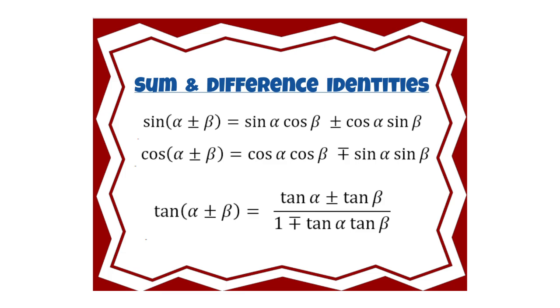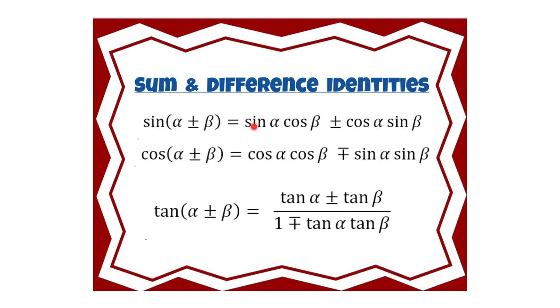Instead, we are going to use these new identities. We have some identities that are actually valid. They're called the sum and difference identities. It works for sine, cosine, and tangent. So if you're taking the sine of two angles that are added or possibly subtracted, these are my two angles, alpha and beta, what you do instead of distributing is you set up this format.